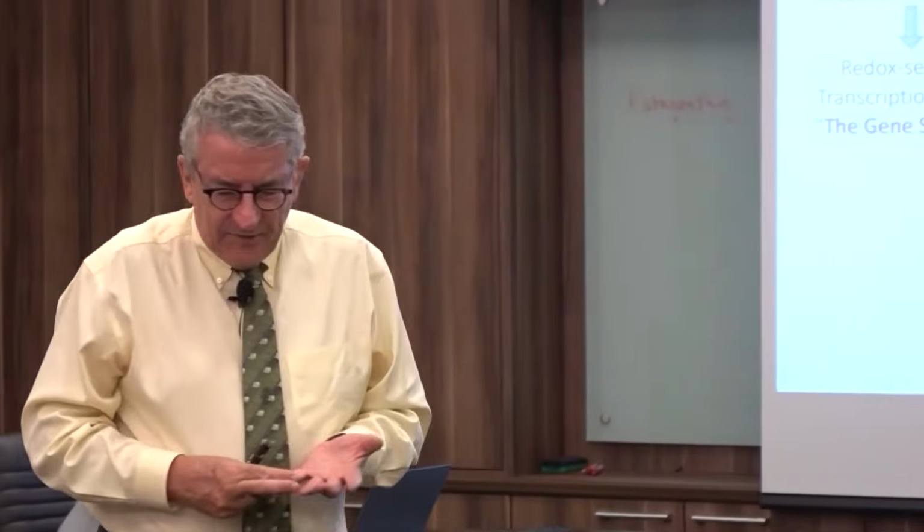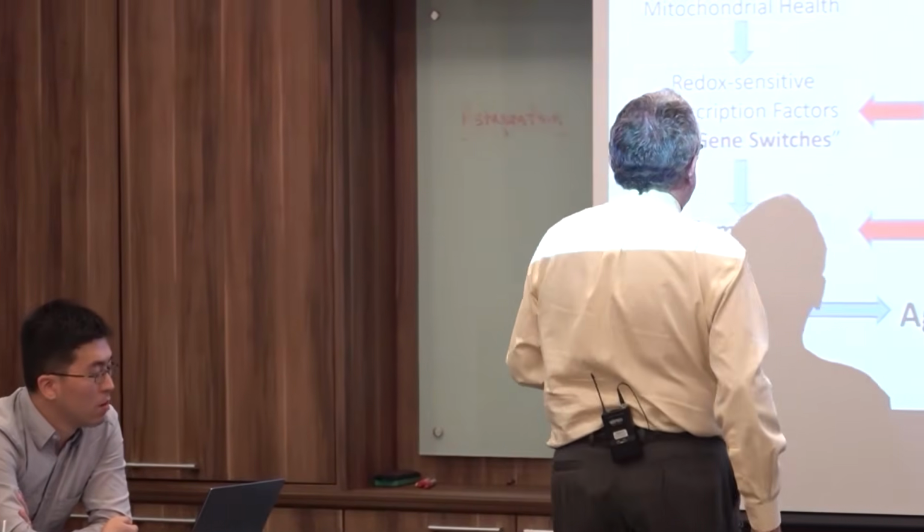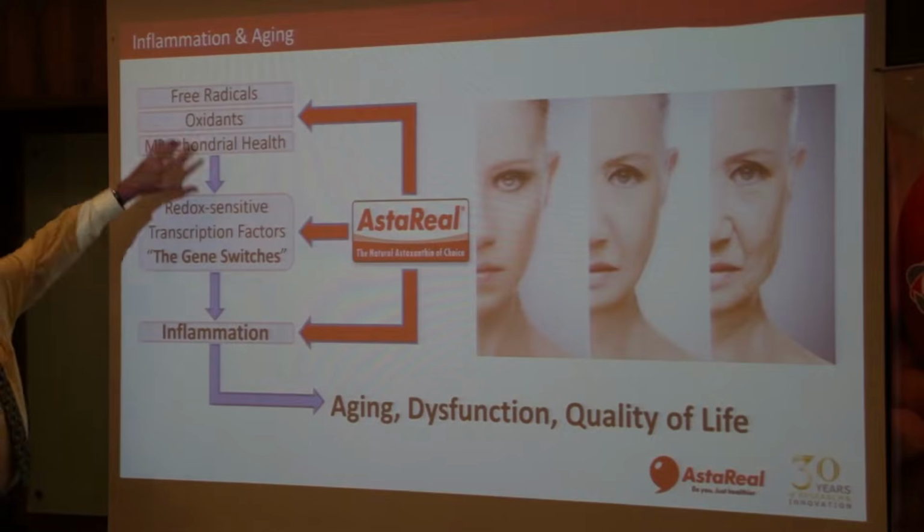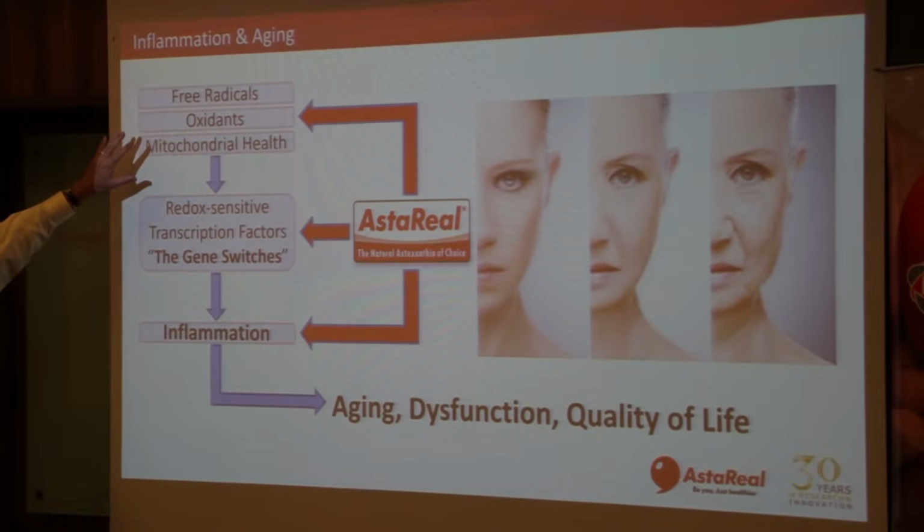So moving on, understanding that oxidative stress is a source of chronic inflammation and astaxanthin is a preeminent free radical scavenger and negates the switches that regulate the chronicity of inflammation. How do we apply it and how can we use it? So it's working early on in terms of free radicals.